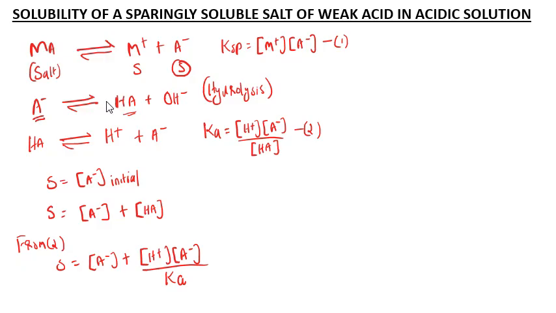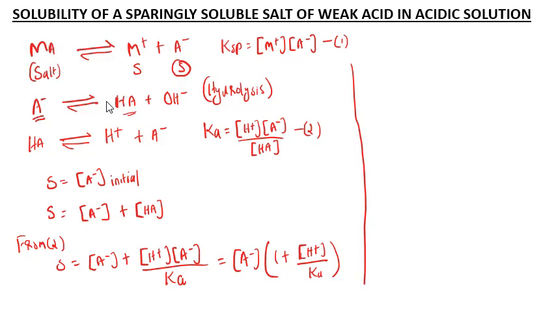Now you can see that A- is common in both terms, so we can write it as the concentration of A- times 1 plus the concentration of H+ divided by Ka.